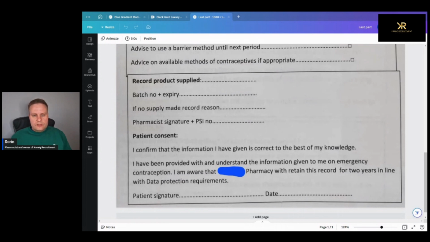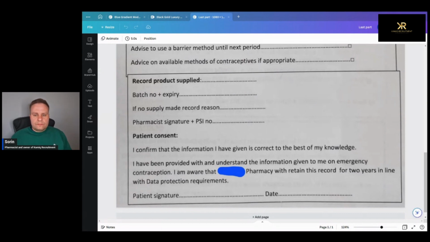And then the customer signs down there and acknowledges that she has been provided with the information about emergency hormonal contraception, and that the pharmacy will keep this record for 2 years in line with data protection requirements.